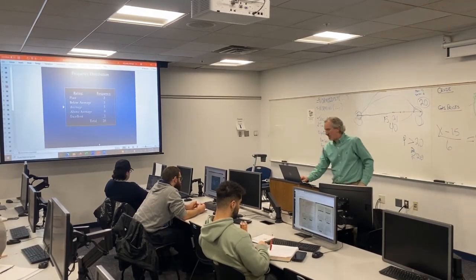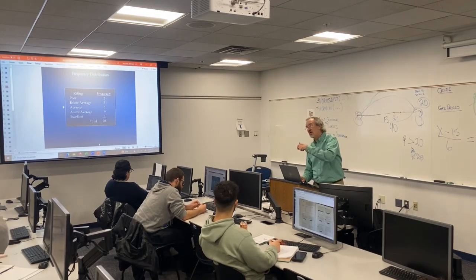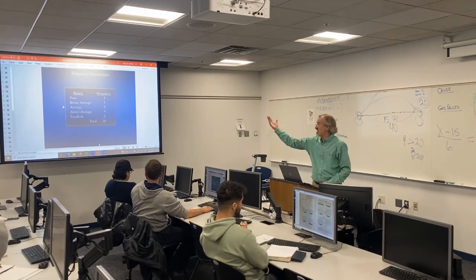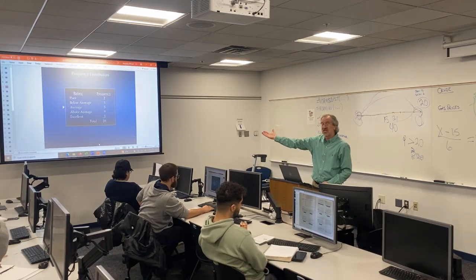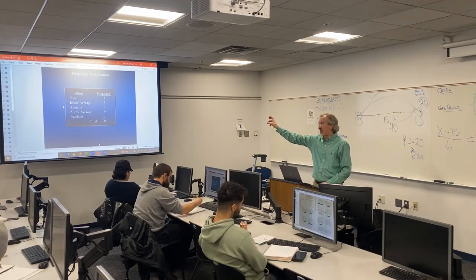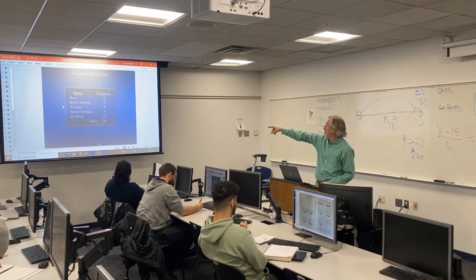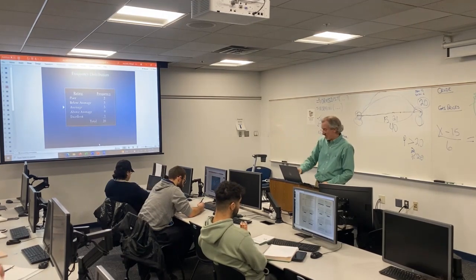You got it. Now, turning these into relative frequency, which is problem number 2. You remember how to do this? This is kind of review. You take each one of the individual frequency counts divided by the total number of frequencies you have. So 2 divided by 20, 3 divided by 20, 5 divided by 20, 9 divided by 20.